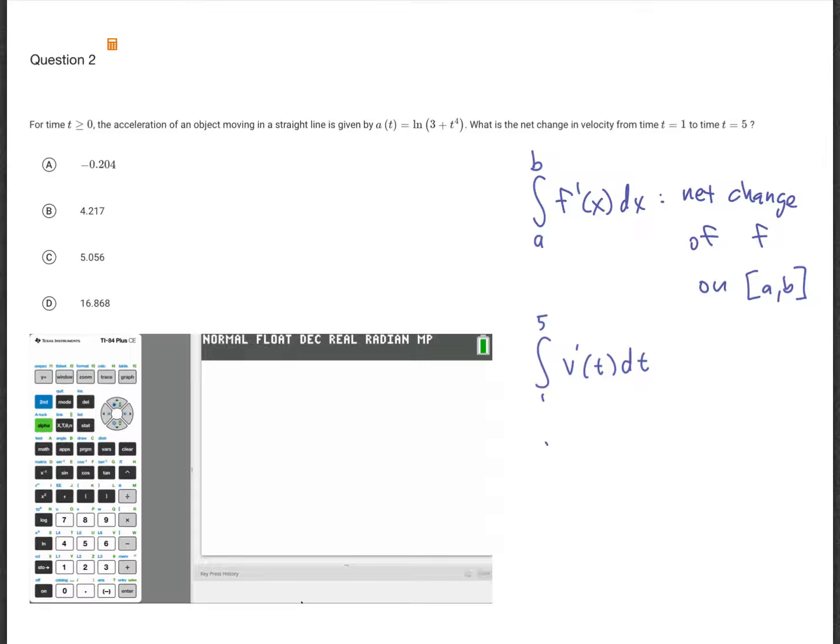So this is really just the integral from 1 to 5 of the acceleration function, which is just the function that they gave us. Okay, so we'll go to the calculator and then just type that in.